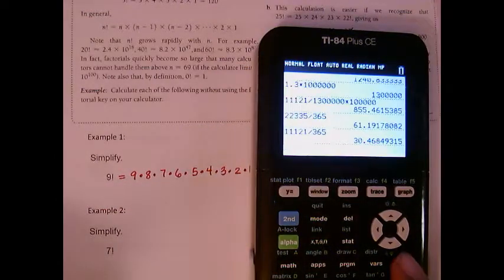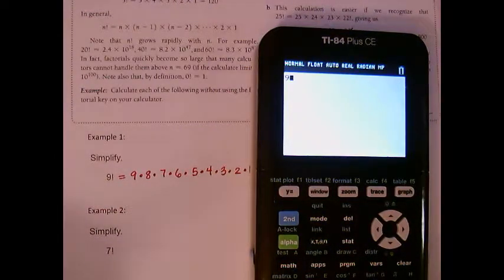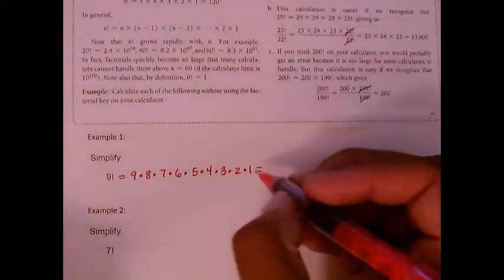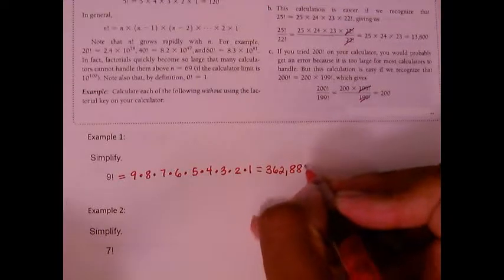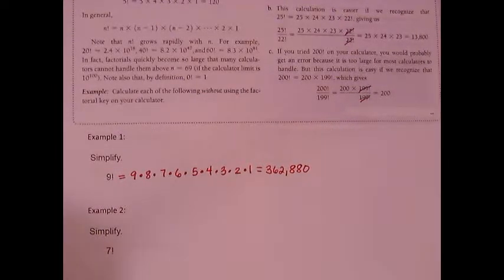Using my calculator, I'm going to do 9 times 8 times 7 times 6 times 5 times 4 times 3 times 2 times 1 and hit enter. You're going to end up with 362,880 as the answer. That's what 9 factorial is equal to.